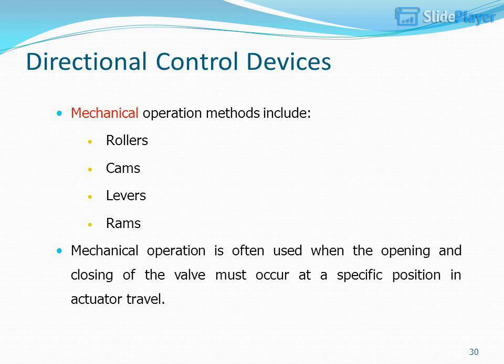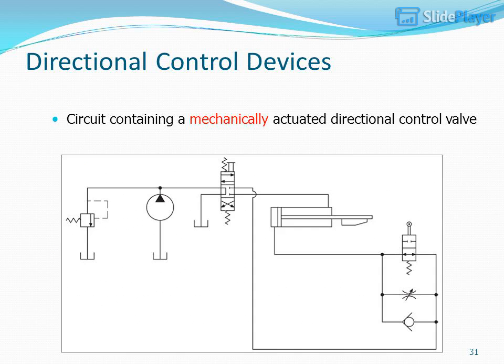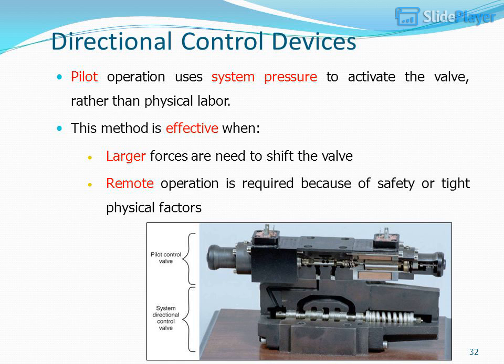Mechanical operation methods include rollers, cams, levers, rams. Mechanical operation is often used when the opening and closing of the valve must occur at a specific position in actuator travel. Circuit containing a mechanically actuated directional control valve.